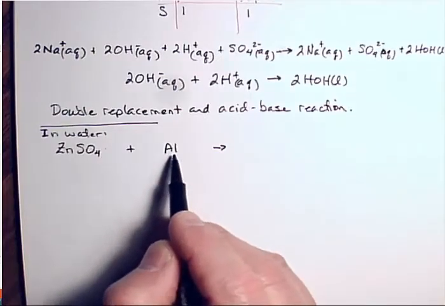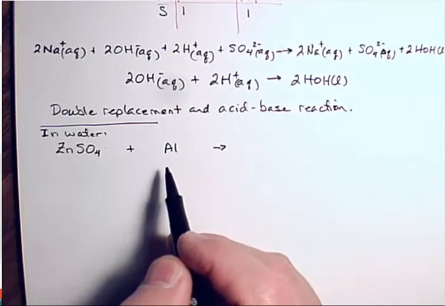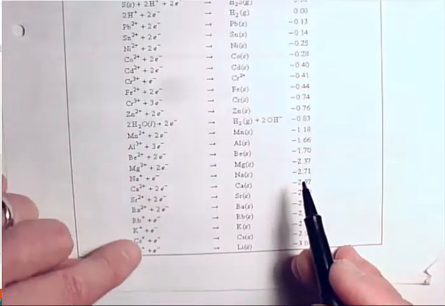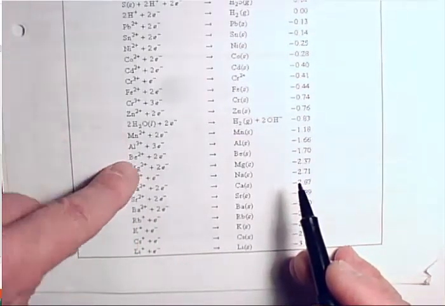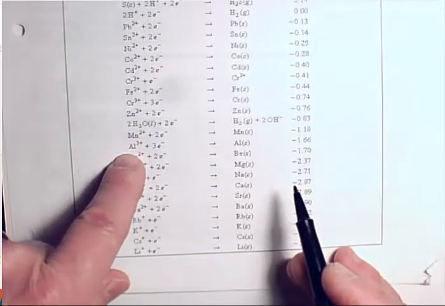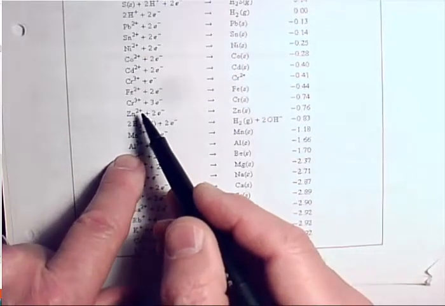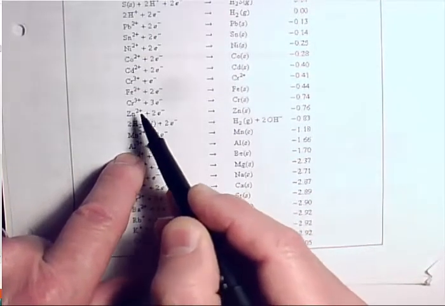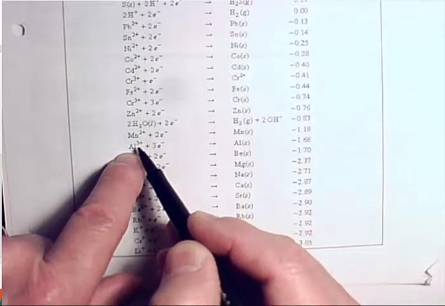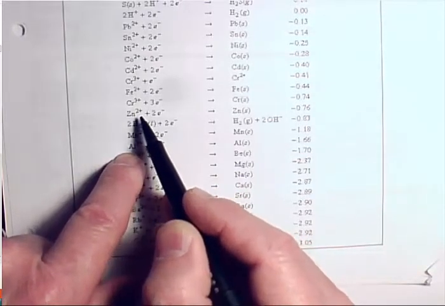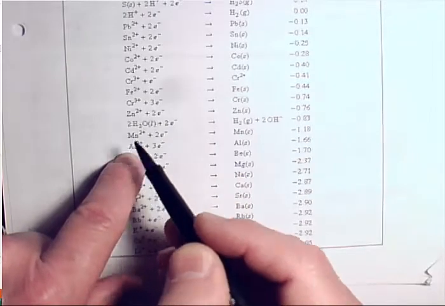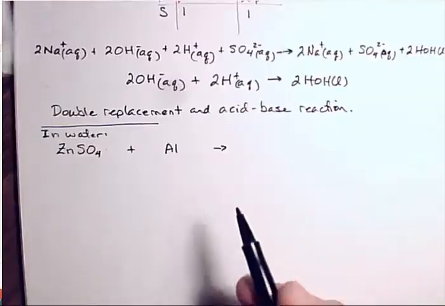So we're going to look and see if the metal that's by itself is lower and therefore more active than the one that it's like in the compound. And aluminum is located right here, and then zinc is located right here. So aluminum is below zinc, so aluminum is more active than zinc is. So this reaction will take place. Aluminum will displace zinc.